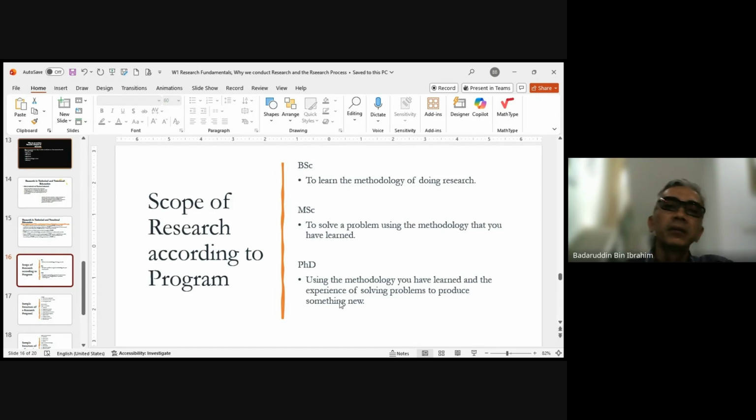In order to achieve that goal, you will use the methodology you learned and the experience of solving problems to produce something. So these are 3 different levels of research scope, and by having this basic information, you will know how to differentiate whether this can be a master level or a PhD level, since this class is only for master and PhD level.